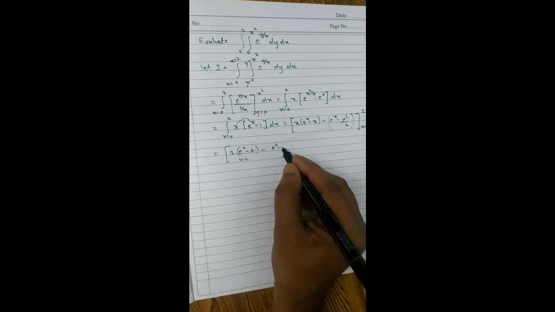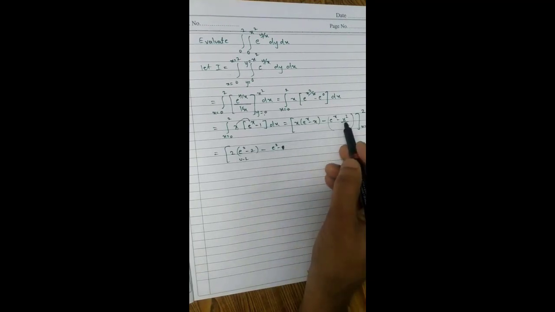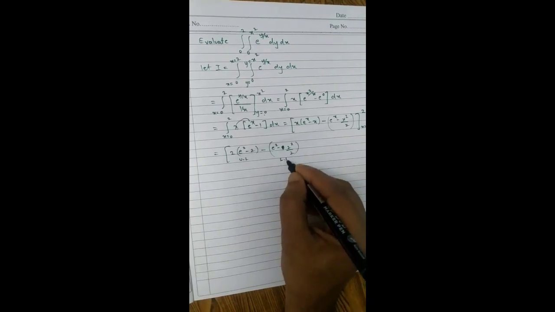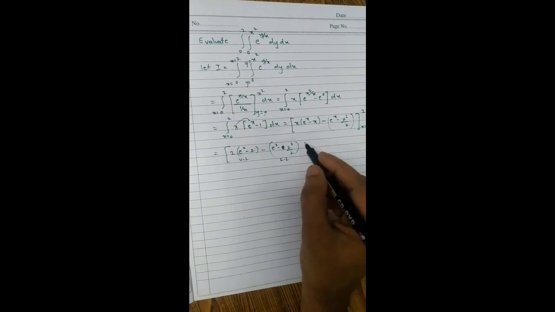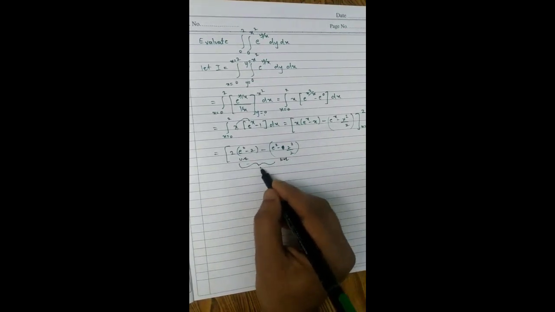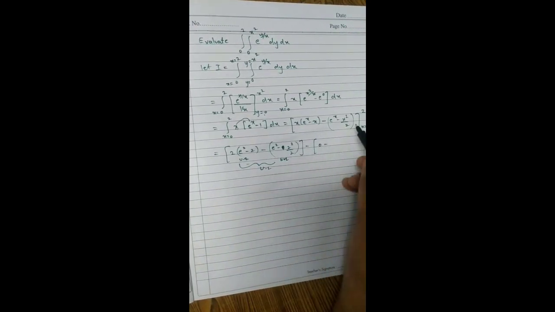It turns out to be e square minus, sorry, it turns out to be x, I need to substitute the value here. It turns out to be 2 square divided by 2. Sorry, this is the complete upper limit, I am extremely sorry. This is the upper limit, and then the lower limit turns out to be 0.